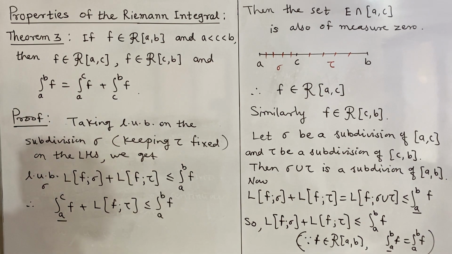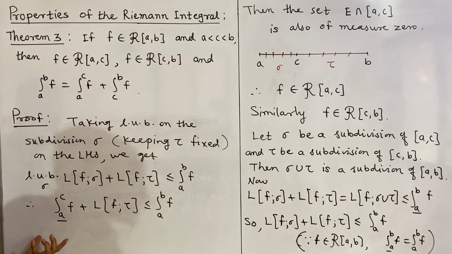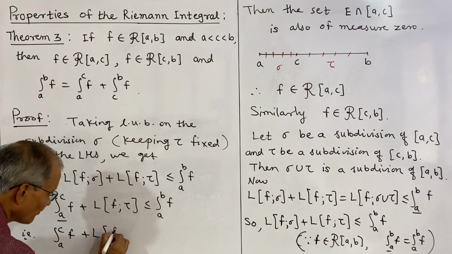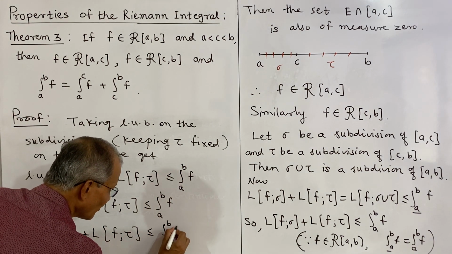This is by definition. But you see, this is the lower integral of f from a to c, and f is Riemann integrable from a to c, so the lower integral is the same as the integral from a to c. Thus this can be written as the integral a to c of f plus the lower sum of f on tau, which is less than or equal to the integral a to b of f.